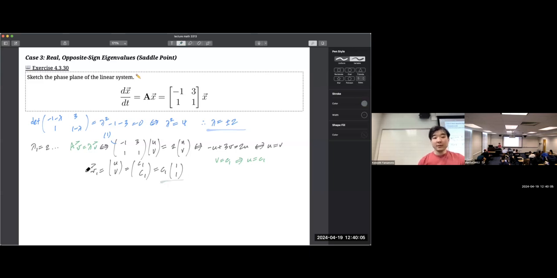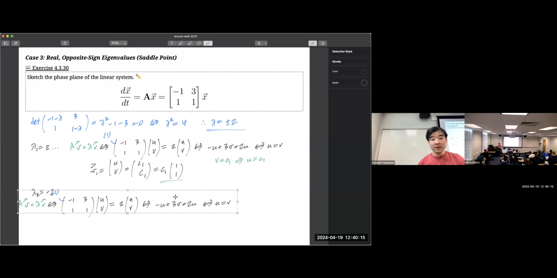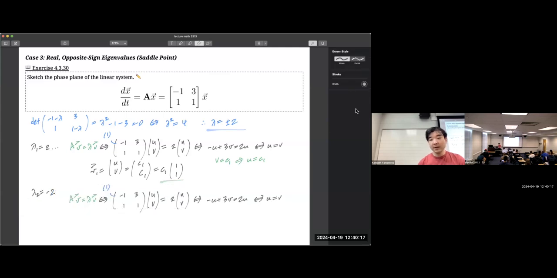And then for the other one, lambda 2 is equal to negative 2. Everything stays the same, but the 2 right here has a negative in front, so it'll be negative 2. I'll use the second equation this time, because it doesn't matter which one you use.